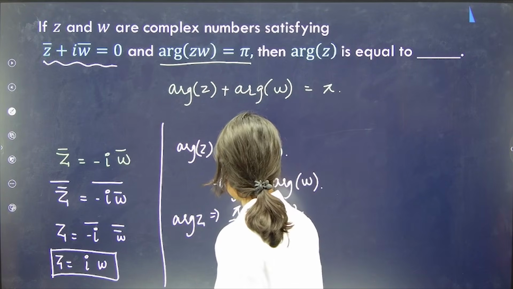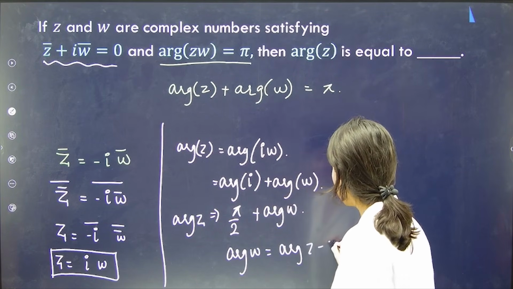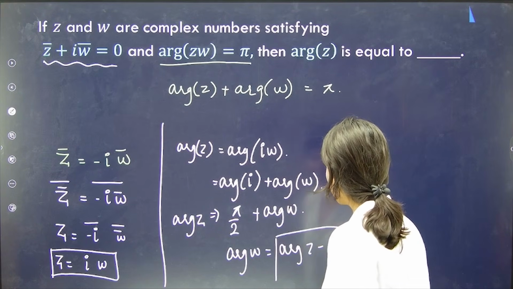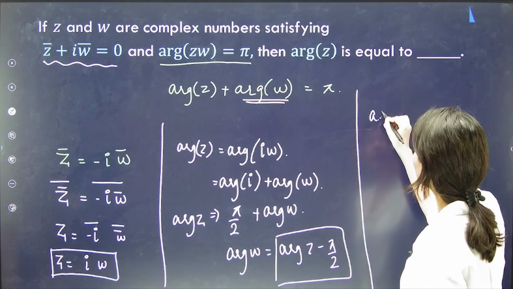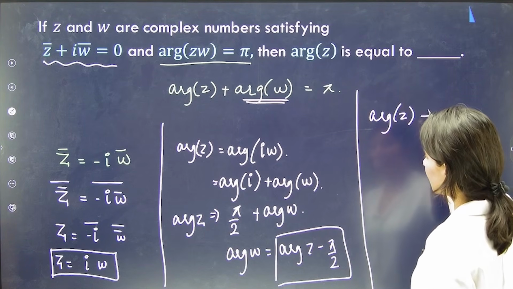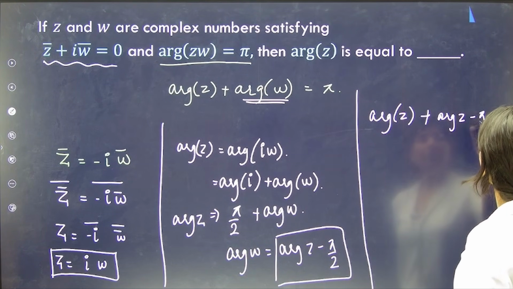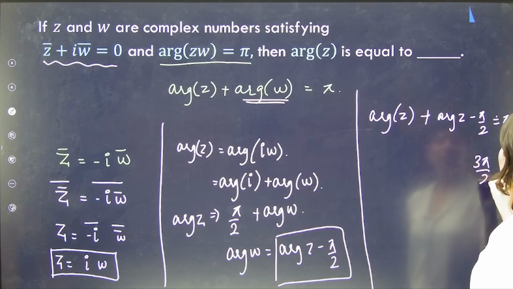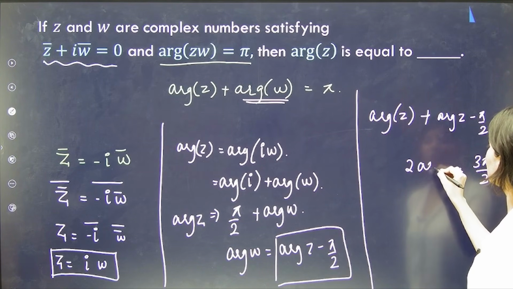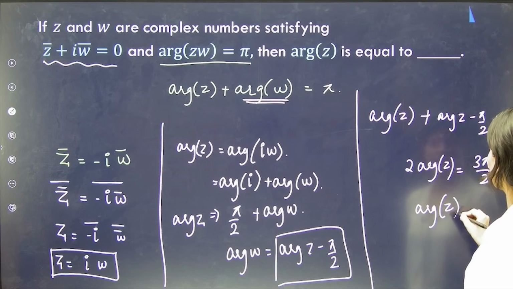So argument omega, from here we can calculate as arg z minus pi by 2. We can put this value of argument omega over here. So we will get arg z plus argument omega, which is arg z minus pi by 2, is equal to pi. So 3 pi by 2 is equal to twice of argument z. Argument z is coming out as 3 pi by 4.